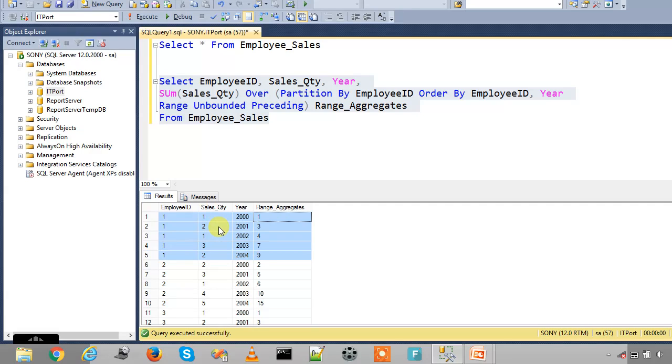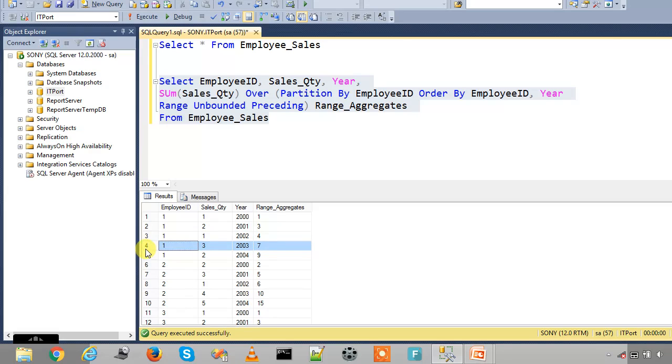See, this is the first row. Within the range it should check the previous one. There is no previous row, so it makes the sum only up to 2000. Here 2000. This is the second row. If you consider this the current row, it calculates the sum between the current row and the preceding row, and this is the current row. It calculates the sum up to 2002.